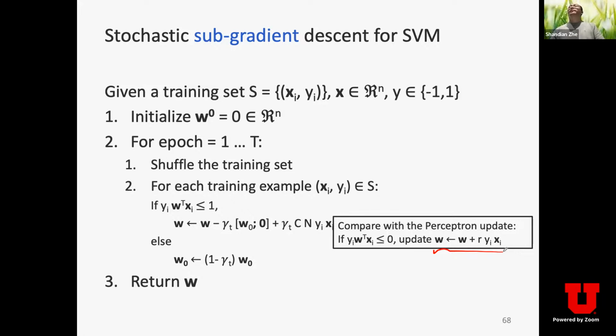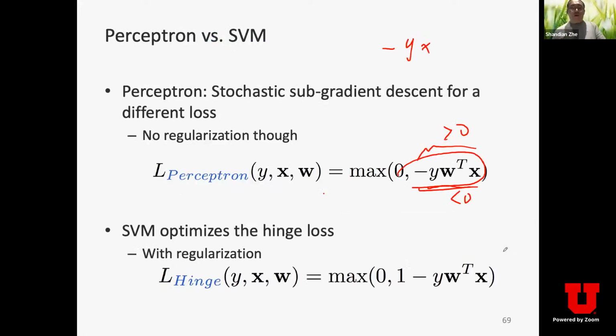Any question? Okay. So now we have a very interesting conclusion. At first sight, we view the perceptron as a heuristic updating rule: when you don't make a mistake, you do nothing; when you make a mistake, you add the learning rate R times the product between the label and the input. But we can further explain it.